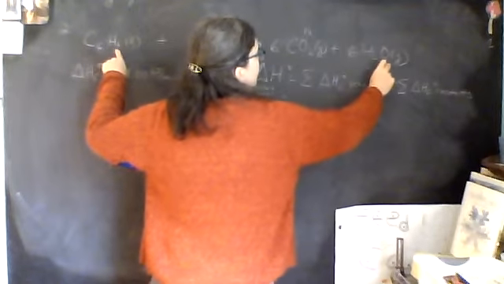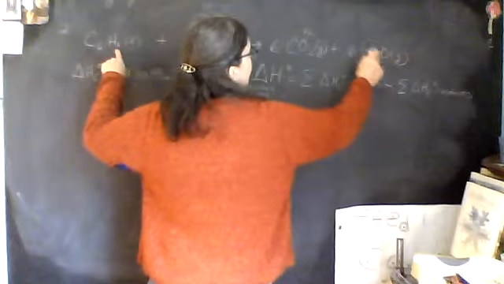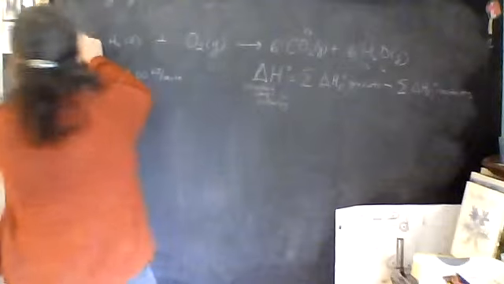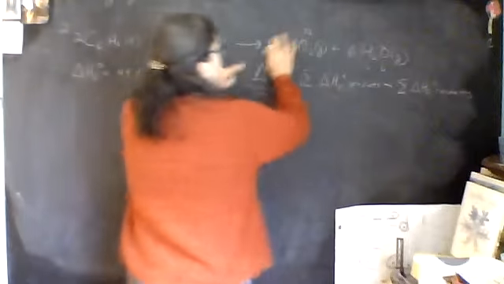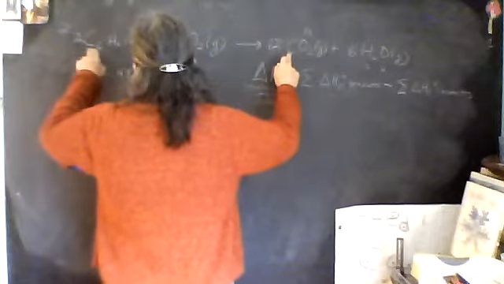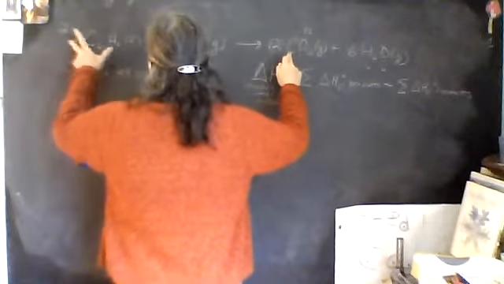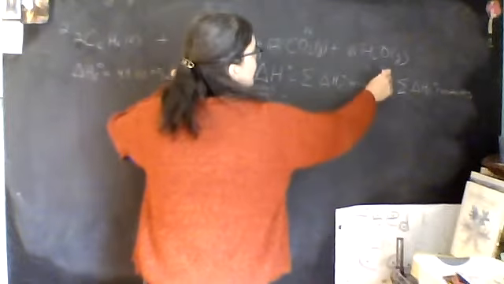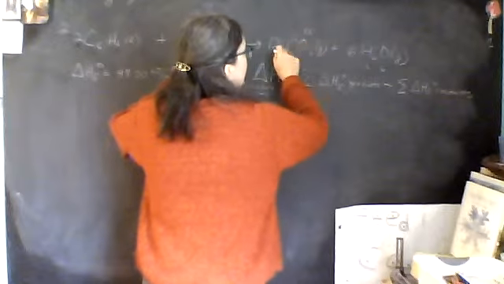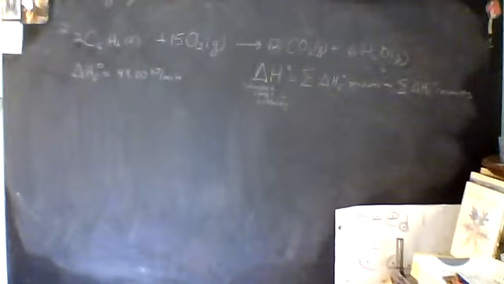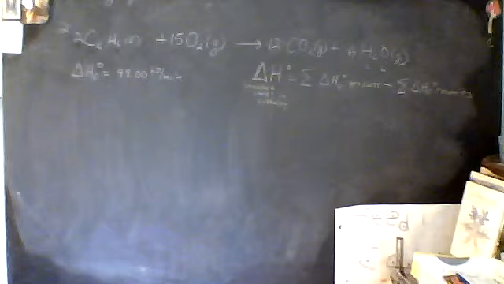That gives us 12 of these and 6 of those. So now if we have 12 of these, we need 2 of these, which gives us 12 of these. Now we have 12 of these, 12 of these. And here we have 6 and 24. So we need 30, 15. Is that right? How does that look to you? Yeah, looks good.